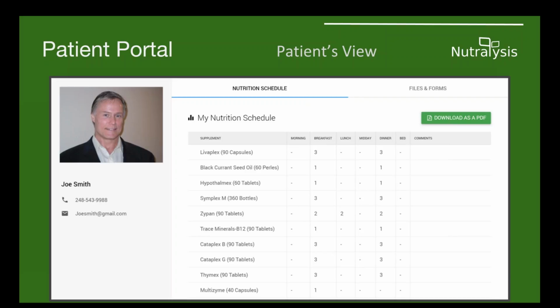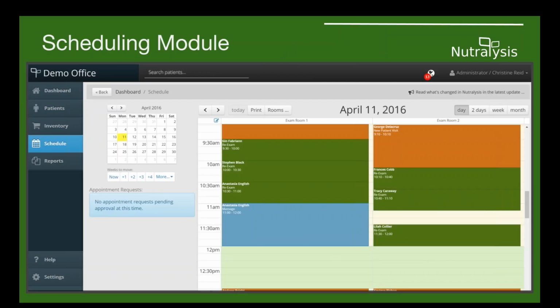Jumping back inside Nutralysis into the doctor's perspective, I wanted to make mention that we also have a premium scheduling module. And appointments can be booked also on the patient portal. Patients can book their own appointments. And this is the office view of the schedule. And patients will receive automated text and email reminders before their appointments to make sure that they don't miss the appointment.